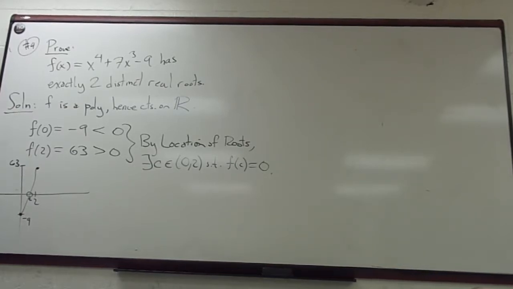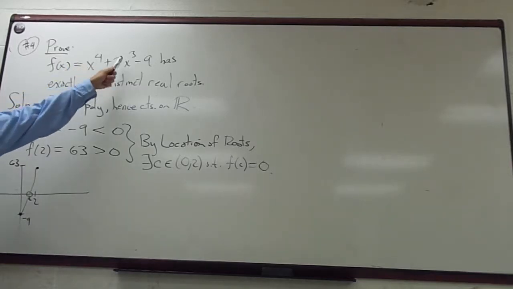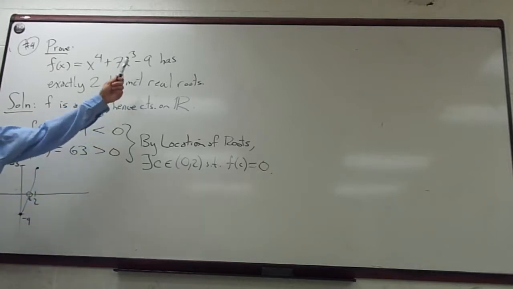Is everybody just trying to do a whole bunch of mental math? Is that the idea here? For example, if you plug in negative 7, then you've got 7 to the 4th minus 7 to the 4th minus 9, still negative.